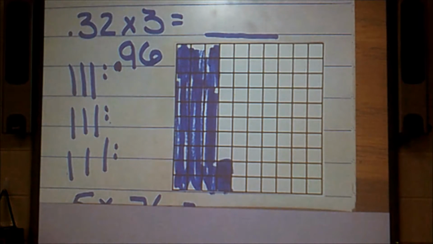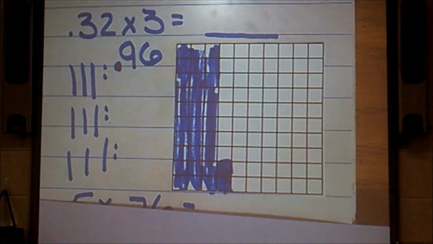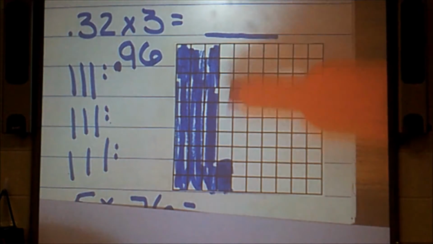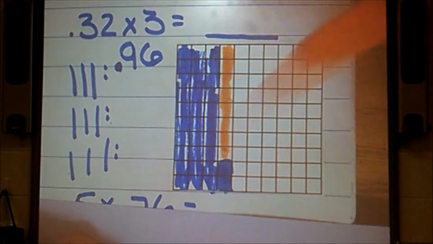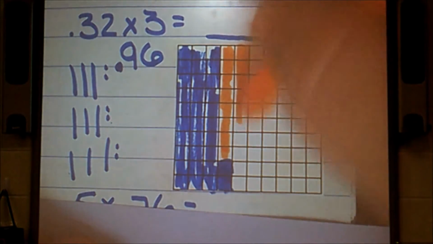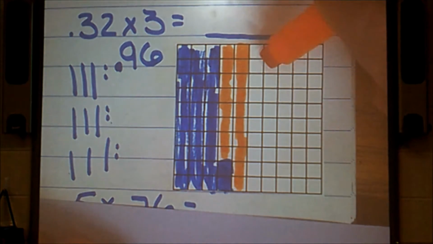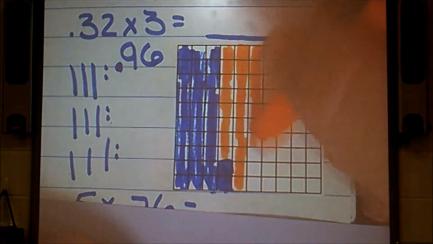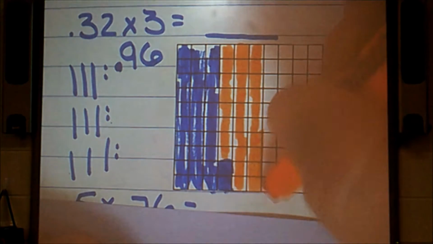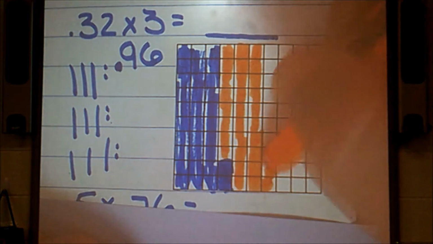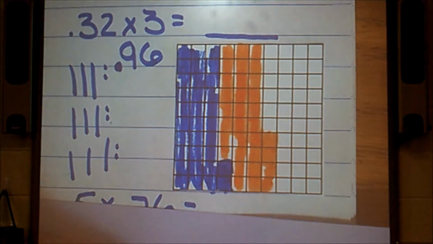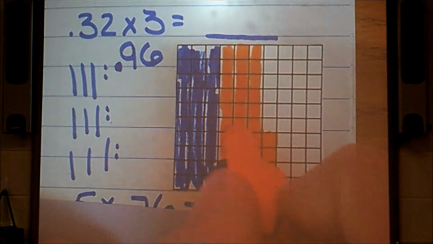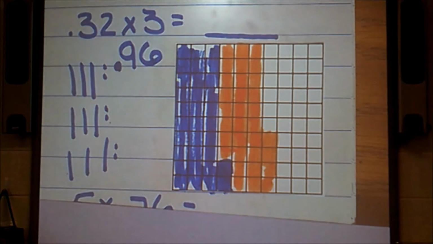Then in another color, let's go blue, I'm going to do another 32 hundredths. Now I know in this line here I have 8 left, so I'm going to do those first. 8 plus 10 will make 18, plus another 10 will make 28, 29, 30, 31, 32. There is my 32 hundredths a second time.